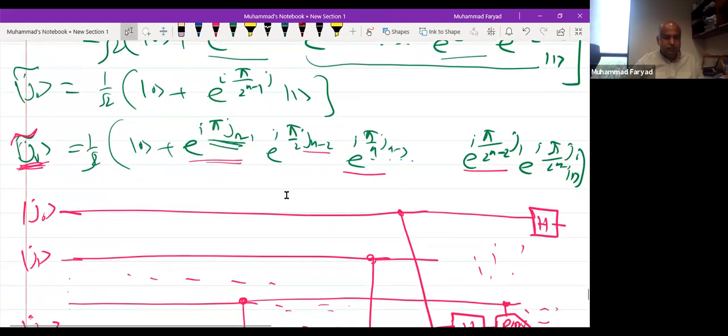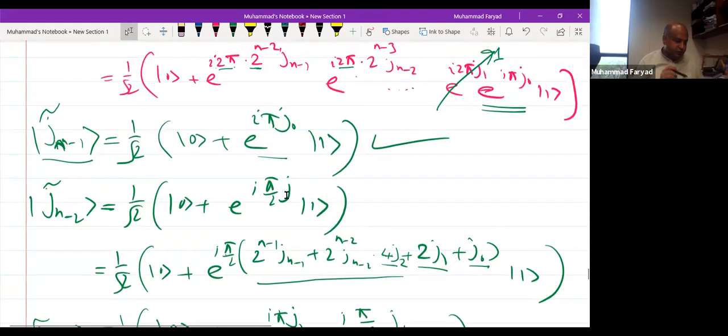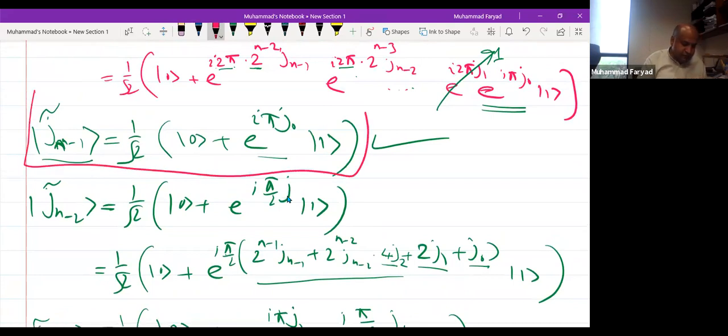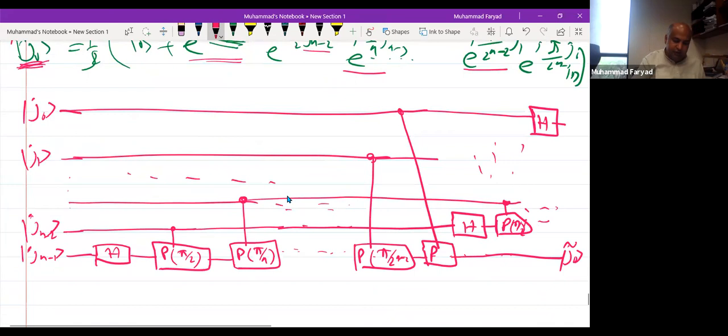All I need is a Hadamard on j0, and a Hadamard will give me jn minus 1 tilde.